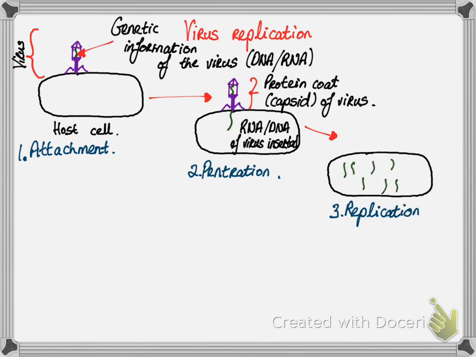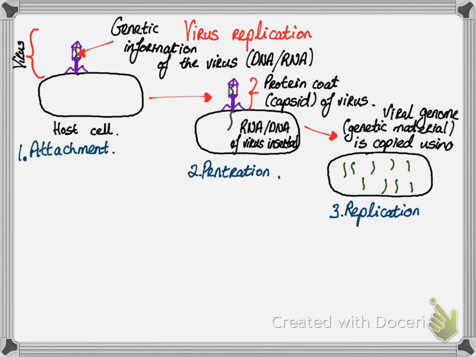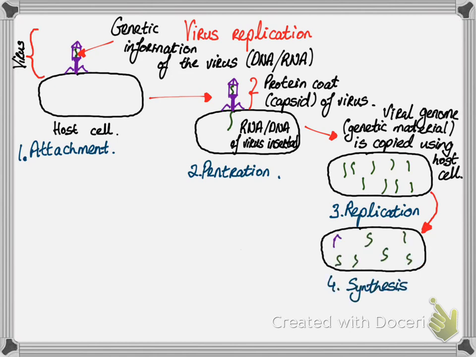The next stage is replication. The viral DNA uses the cell's organelles to replicate its own DNA. So the viral genome, another word for genome being genetic material, is copied using the host cell, or replicated.